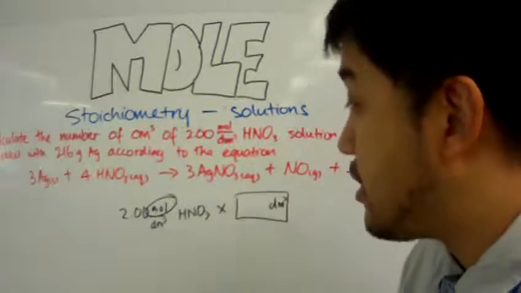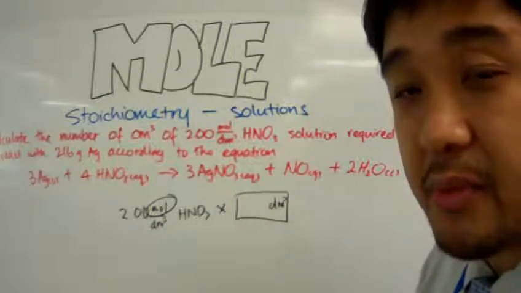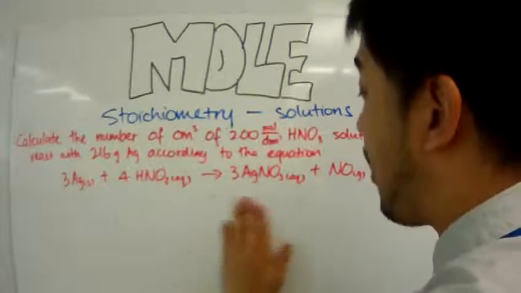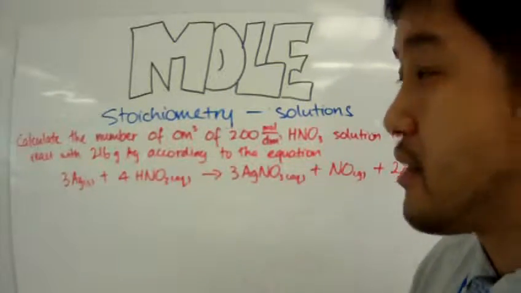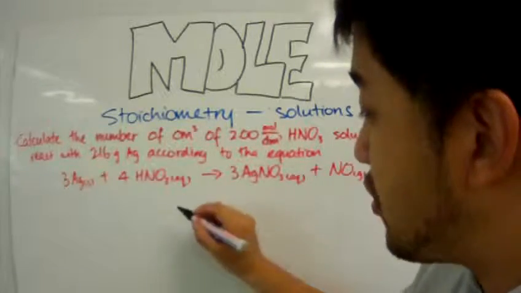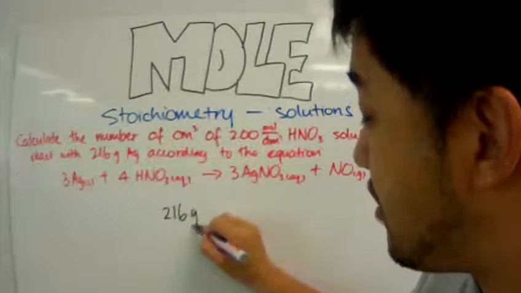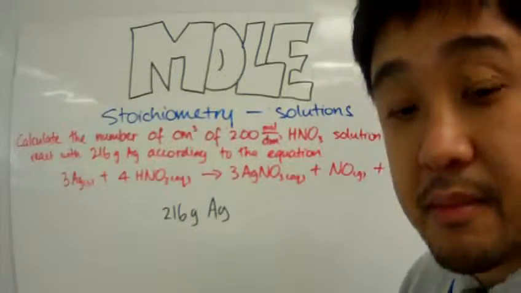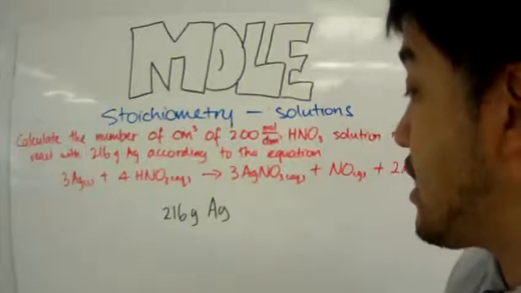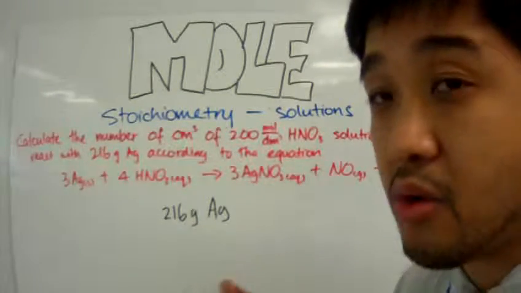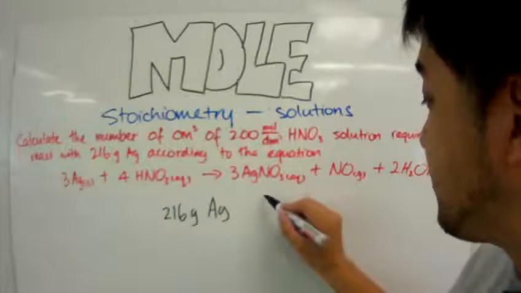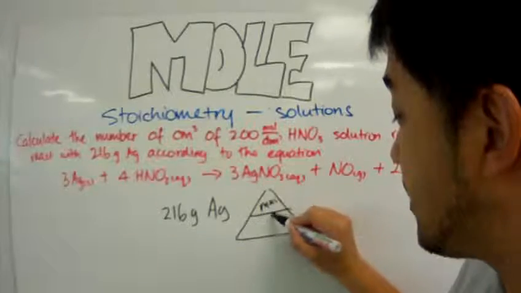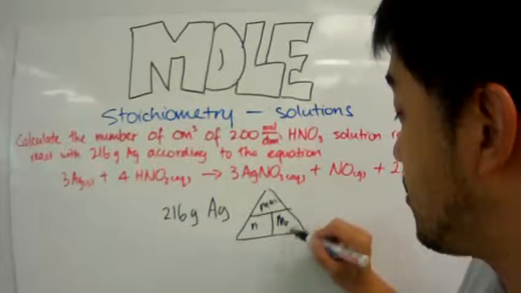So what do we do? We need to look at the problem again and find out what mole values we can determine. So if we can't work with nitric acid, can we determine the amount of moles of silver? And yes, we can, because in order to convert mass to moles, we will use the triangular relationship between mass and moles.